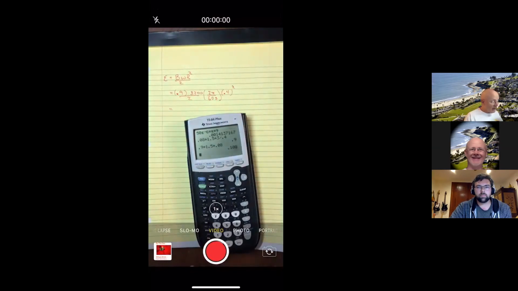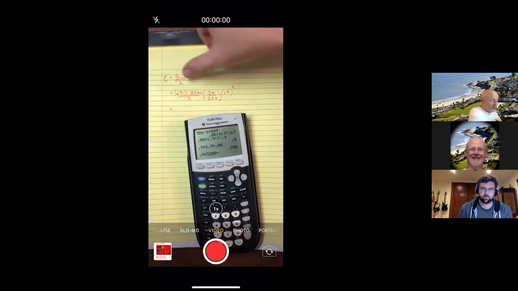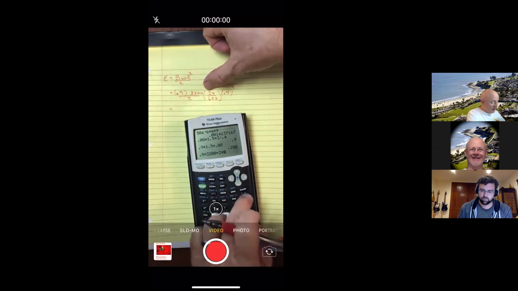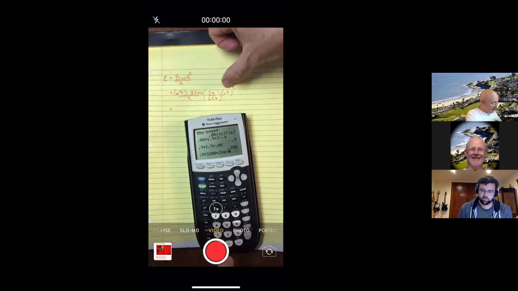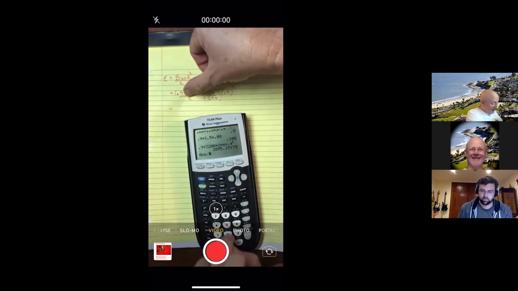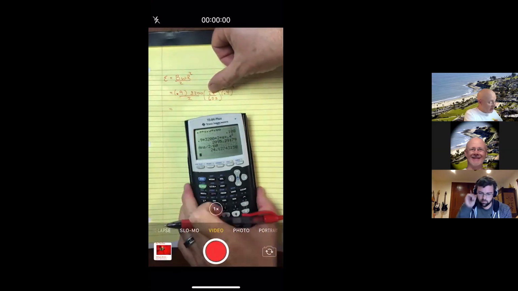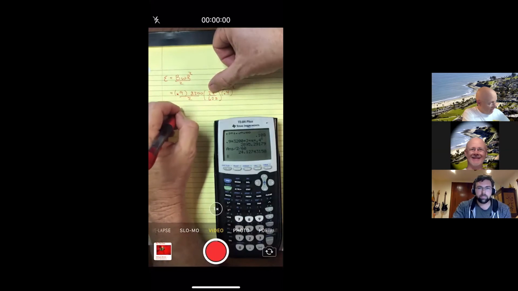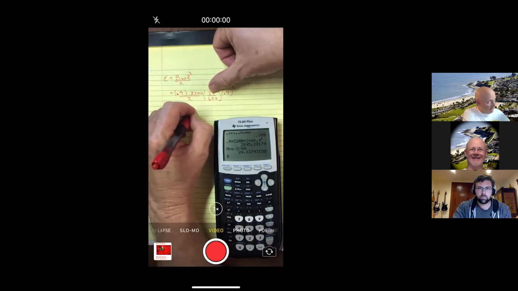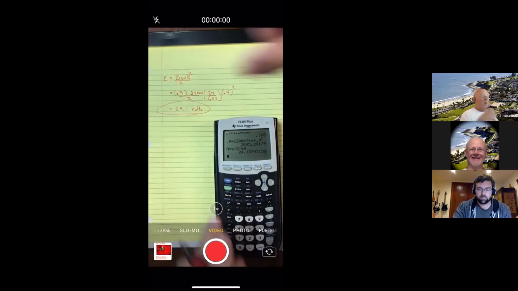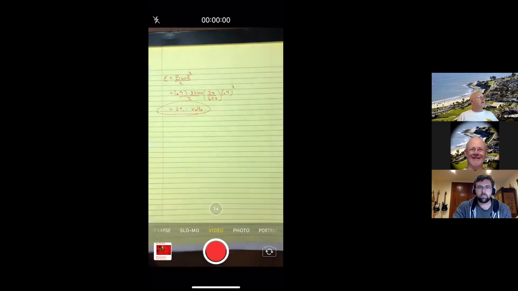So grabbing my calculator, 0.9 times 3200 times 2 times pi times 0.4 squared is the numerator. Divide that by 2 and divide that by the 60 seconds. Looks like about 24.1 volts would be the answer.